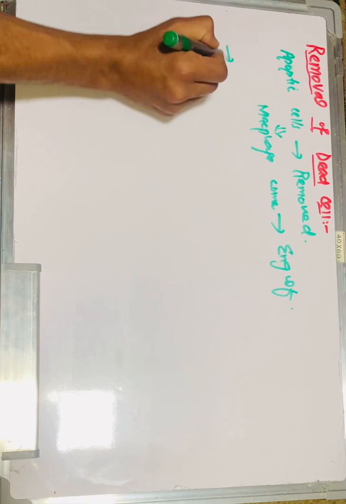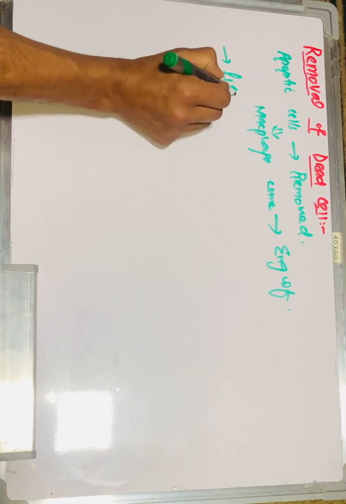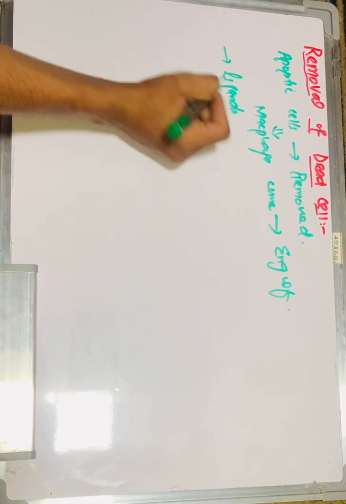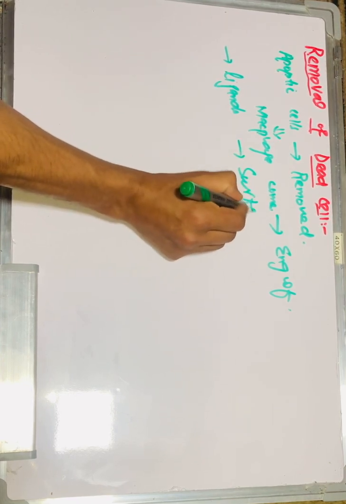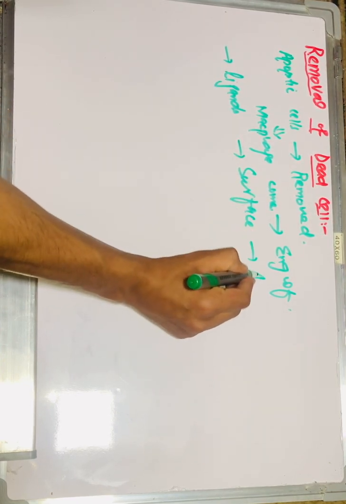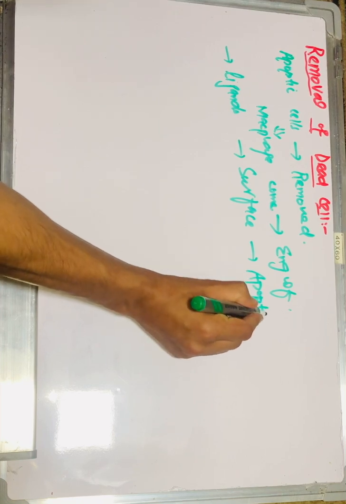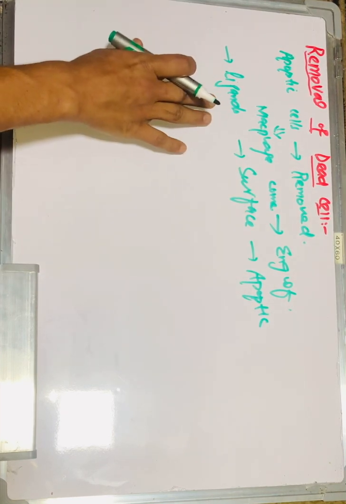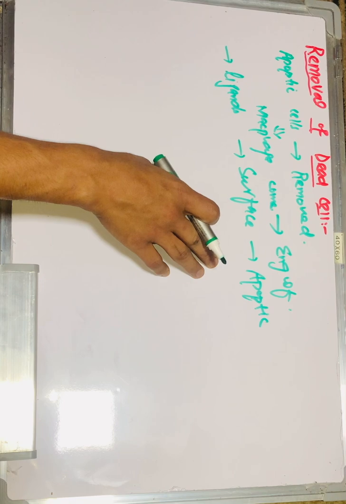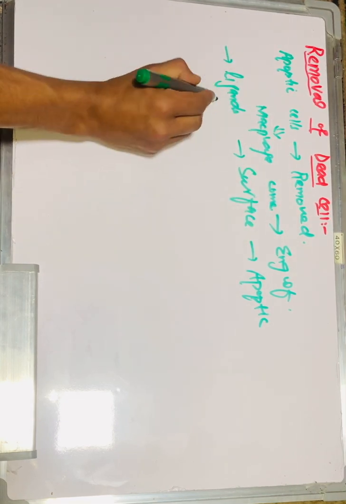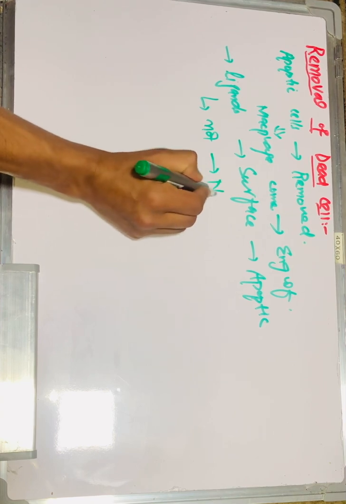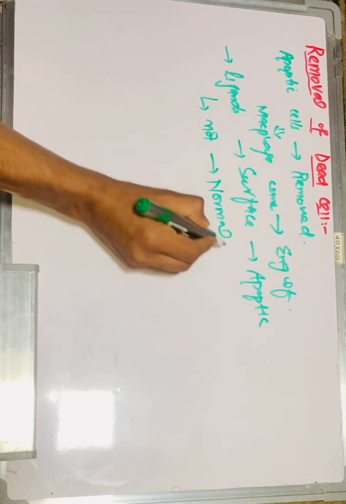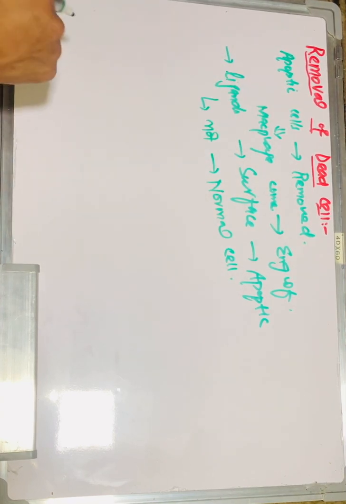There are some ligands present on the surface of apoptotic cells, but these ligands are not present on a normal cell. So what will happen?